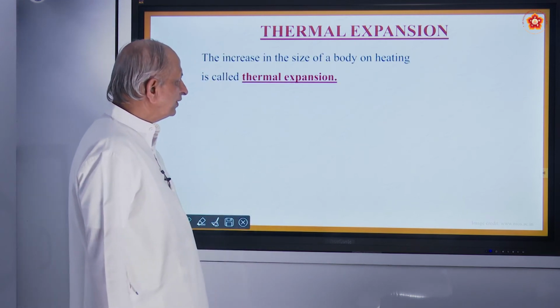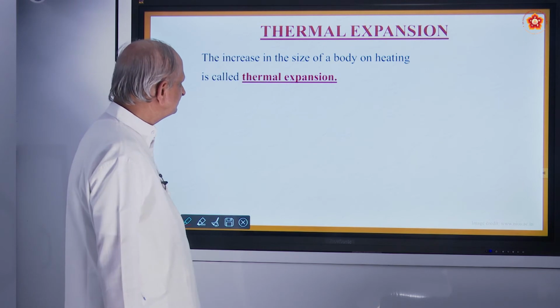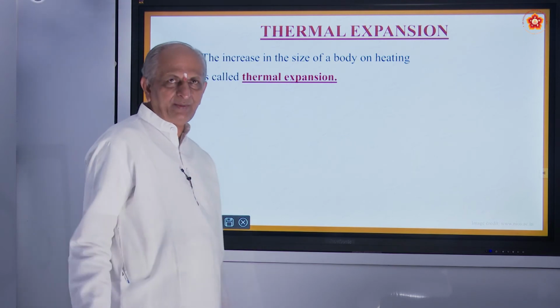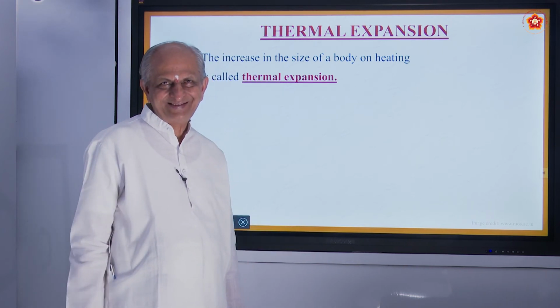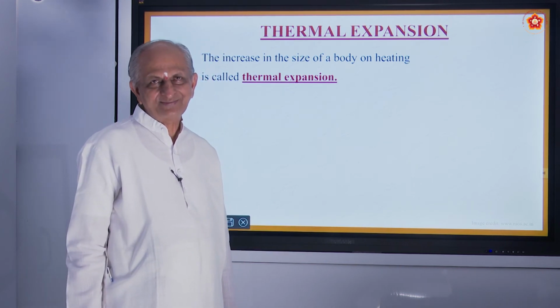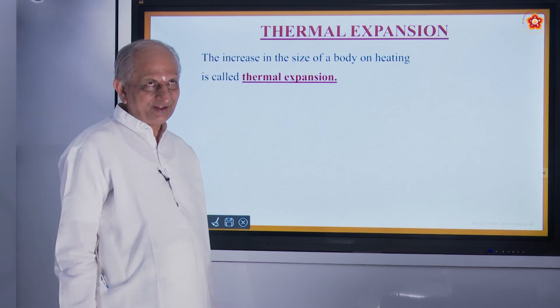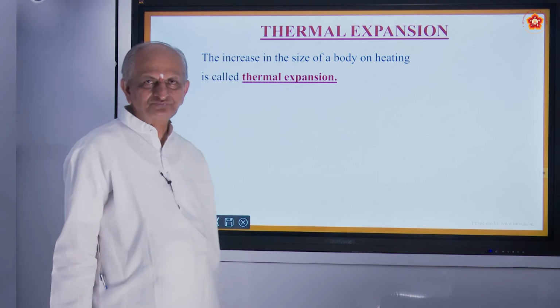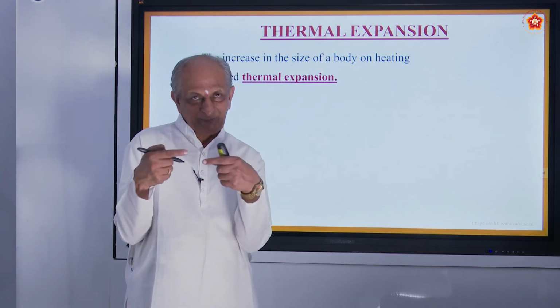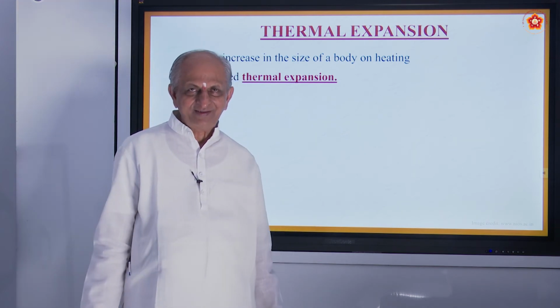Now you come to what is called thermal expansion. As we know, when a body is heated, it expands. Have you observed it? Yes. You might have noticed that in railway tracks, there is some gap between two rails. Why do they do it?